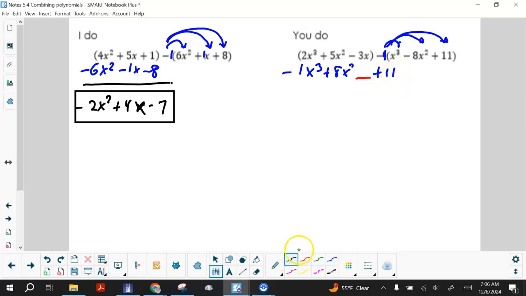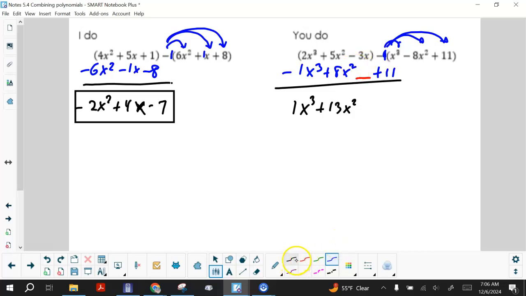So in my answer, using the stack method, you're going to end up with 4 terms. So here's 2 minus 1, which is 1x to the third. Here's 5 and 8, which is a positive 13x squared.